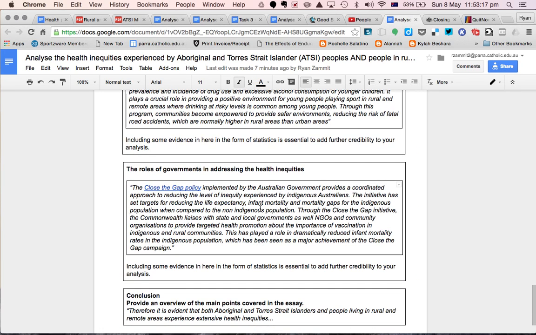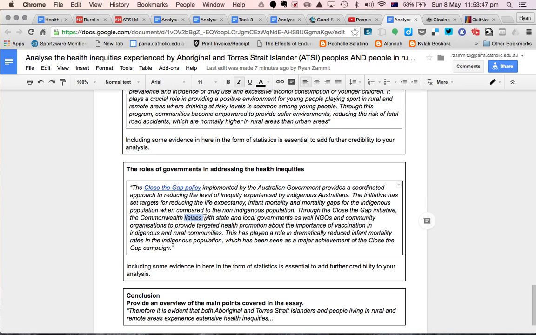And so this also has flow-on effects as well, which you'll have to do some research about, but there's a paragraph in there that explains a little bit about how Close the Gap works with NGOs and community organisations and promotes the importance of vaccination in Indigenous and rural communities. So this plays a role in reduced infant mortality. So you can see that making relationships between Close the Gap, what it does in terms of the measures that it focuses on, and then how governments liaise, which is a really important word.